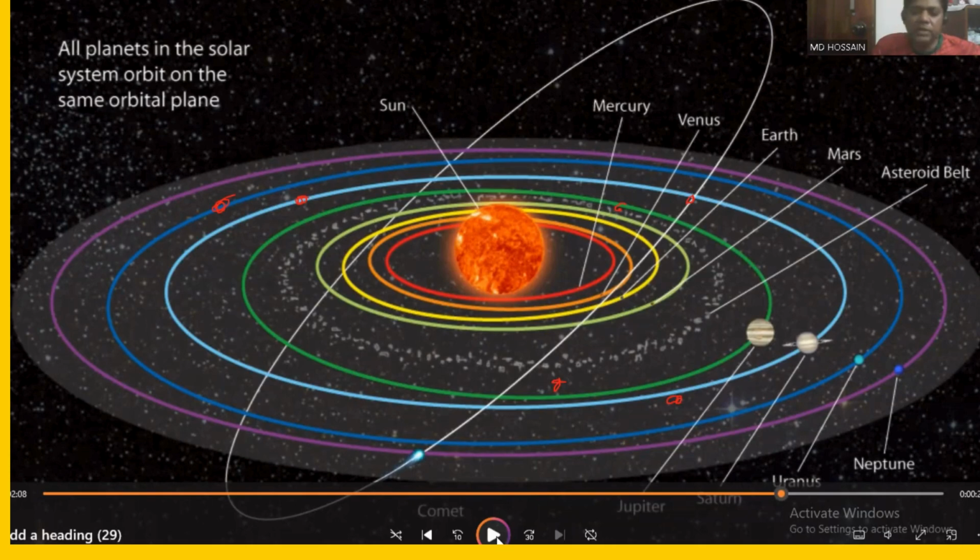There are so many solar systems in the world, billions of galaxies. Each and every galaxy has its own model. So among them, in terms of the whole universe, if you think of the Earth, the Earth is less than a point.